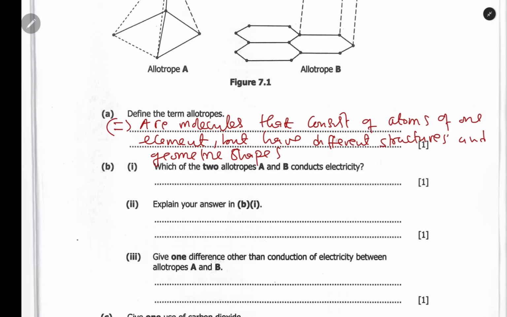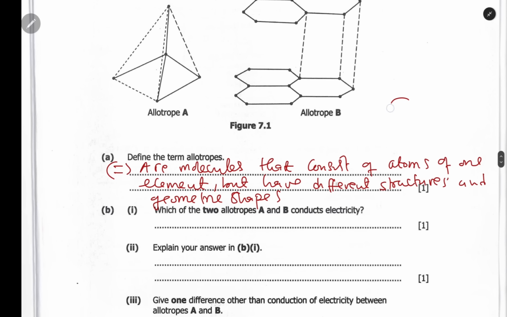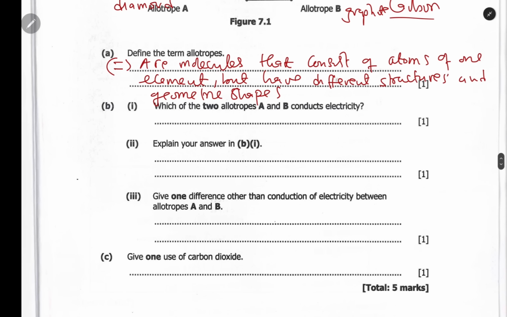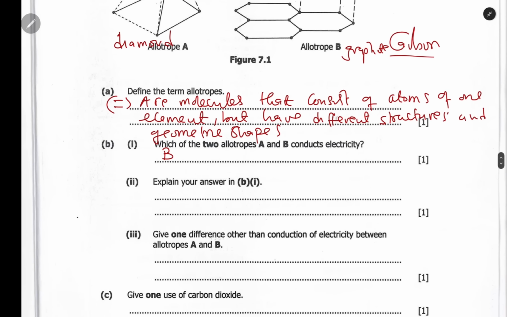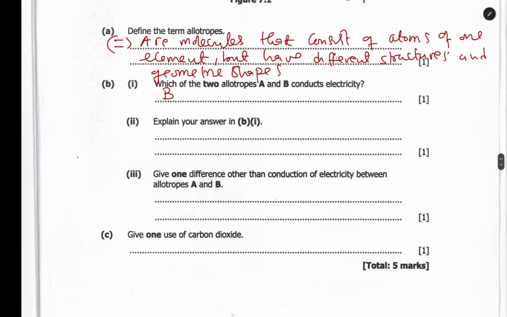Now, which of the two allotropes, A or B, conducts electricity? These are allotropes of carbon, and we have graphite and diamond here. This is the graphite, and graphite conducts electricity. This is the diamond. I guess you remember these structures. So the one that conducts electricity is allotrope B. Explain your answer.